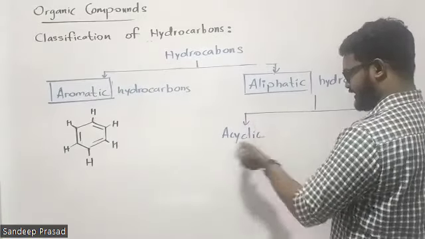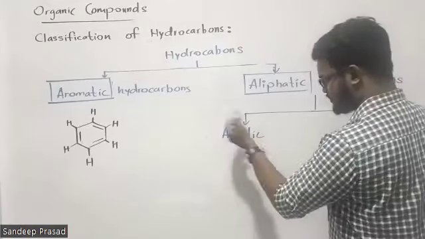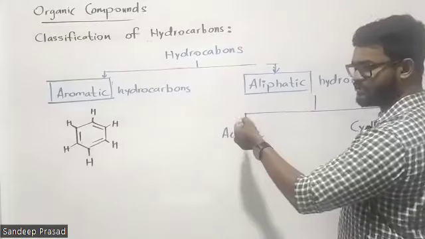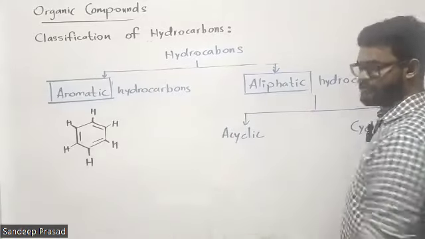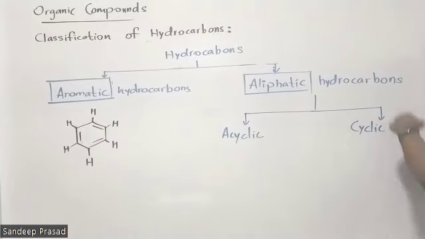Remember, acyclic means those are not cyclic molecules. That means we don't have any closed carbon chain. We have open carbon chain. Here we have cyclic. Cyclic means ring type of carbon chains. Sometimes this is known as alicyclic.